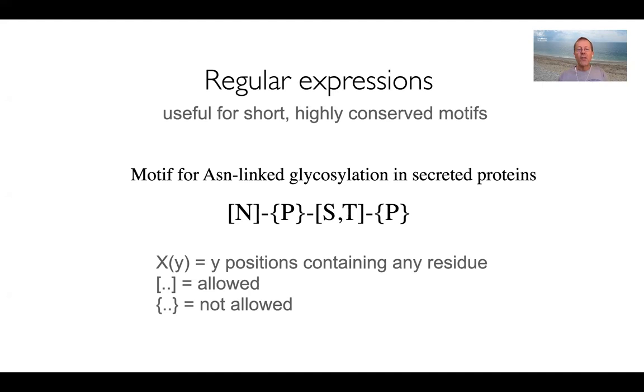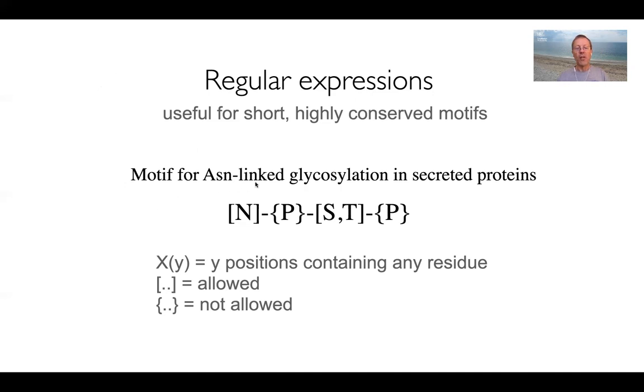Regular expressions are a way to represent a conserved motif, usually a short, highly conserved sequence motif, in a very compact form that allows very fast searches in big databases, for instance. As an example, I'll show this motif. It's the recognition sequence in a protein for an enzyme that adds glycans, that is sugar moieties, to a specific asparagine residue in the protein sequence.